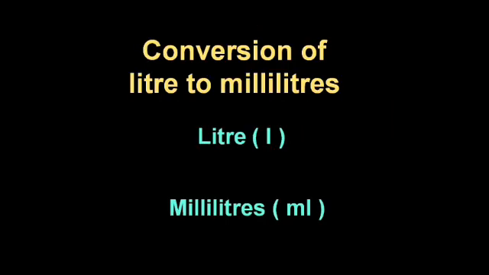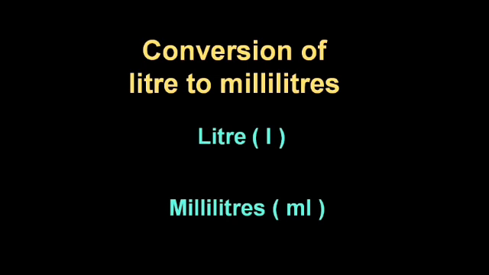Now today we are going to study a few more new units. The next unit is conversion of liter to milliliter. Liter is the unit used for measuring liquid substances such as water, milk, oil.